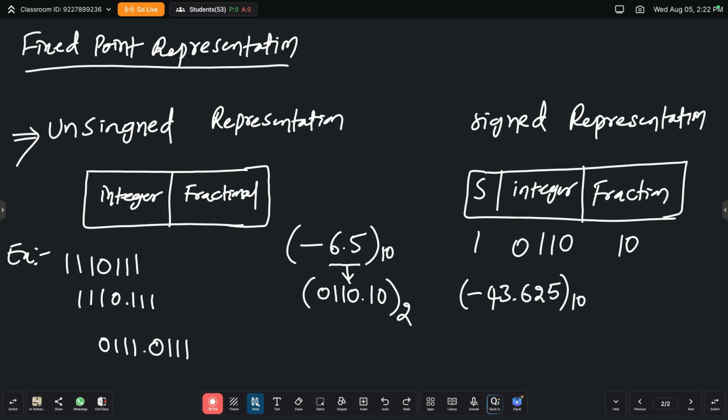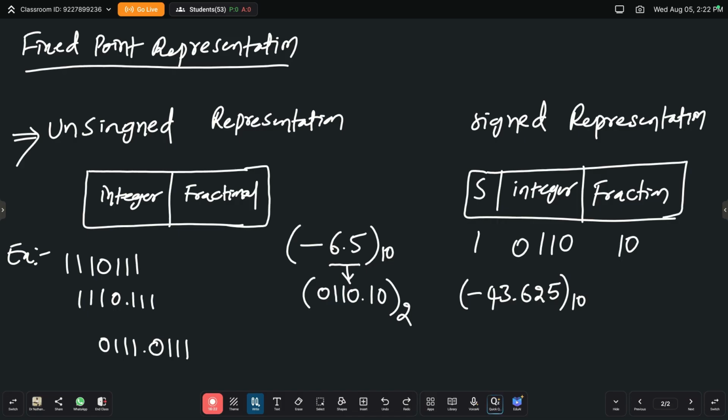In that, 15 bits for integer, 16 bits for fraction.